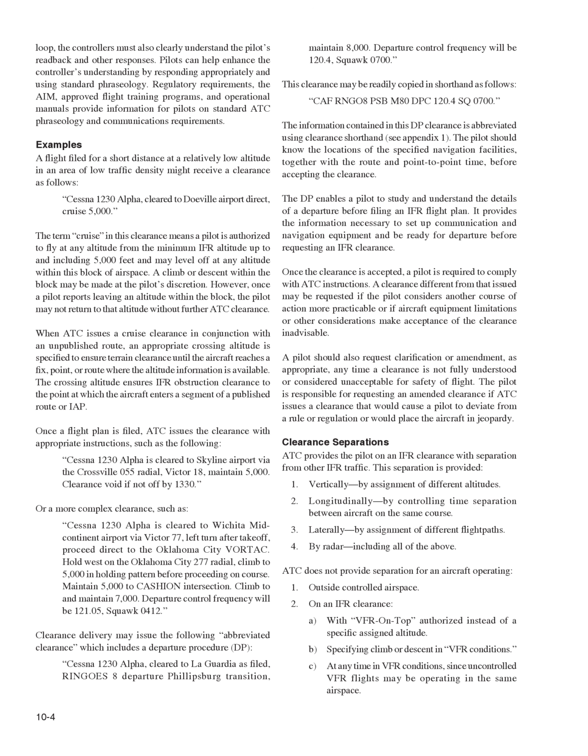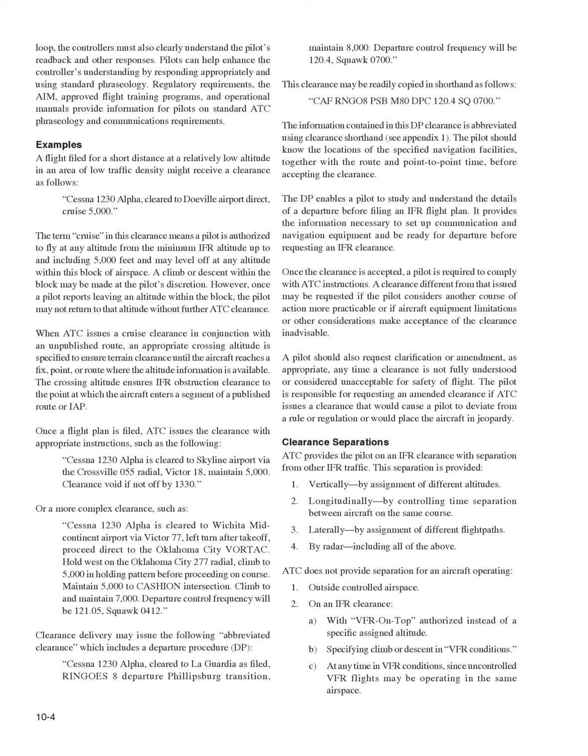The term cruise in this clearance means a pilot is authorized to fly at any altitude from the minimum IFR altitude up to and including 5,000 feet and may level off at any altitude within this block of airspace. A climb or descent within the block may be made at the pilot's discretion. However, once a pilot reports leaving an altitude within the block, the pilot may not return to that altitude without further ATC clearance.